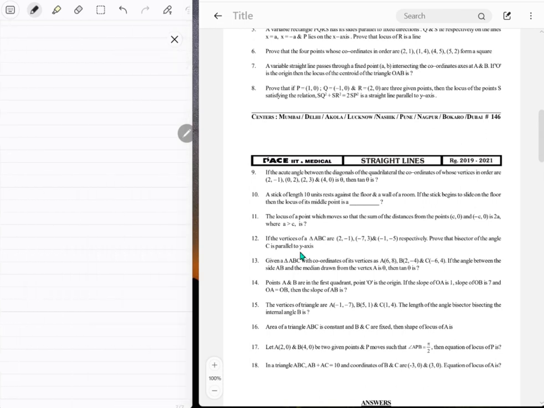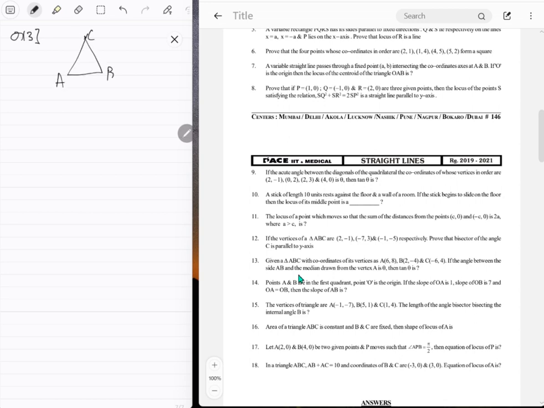Question number 13. There we go. Okay, given a triangle ABC with coordinates of its vertices as these. If the angle between side AB and the median drawn from the vertex A is theta. Wait, AB. So the median from C. Draw this.